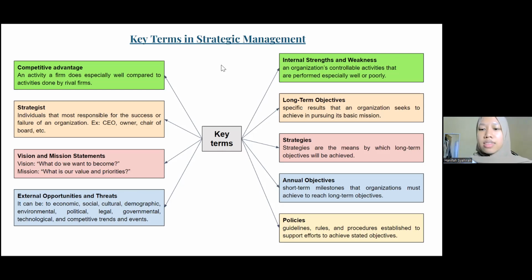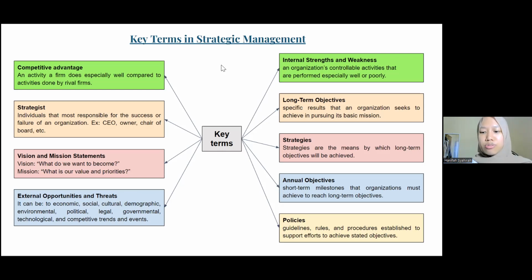And the eighth is annual objectives. Annual objectives are slightly different from long-term ones, because annual objectives are short-term results that the organization must achieve. Sometimes annual can mean per year, like one year, or it can be different in some companies, because some companies set the annual objective by the early part of the year itself.